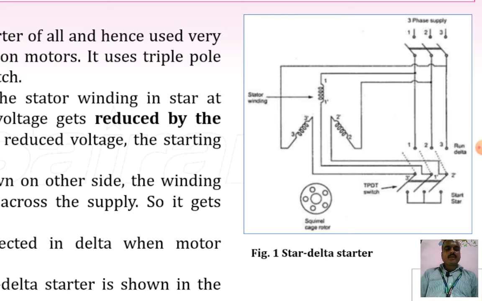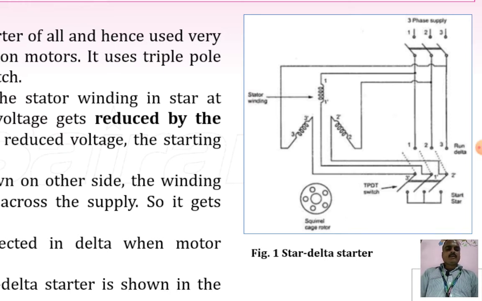We already know that in delta connection, phase voltage is equal to line voltage. In star connection, phase voltage is equal to line voltage divided by root 3. So at the time of starting, we are applying reduced voltage to the stator winding. Once the motor picks up normal speed, it automatically converts into delta position.